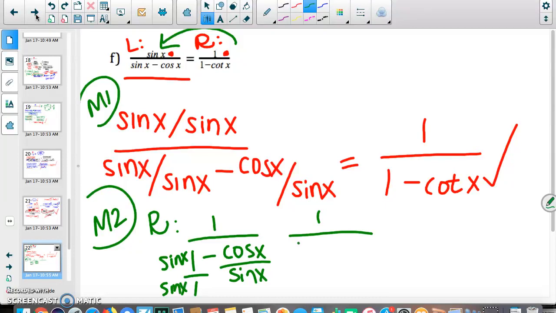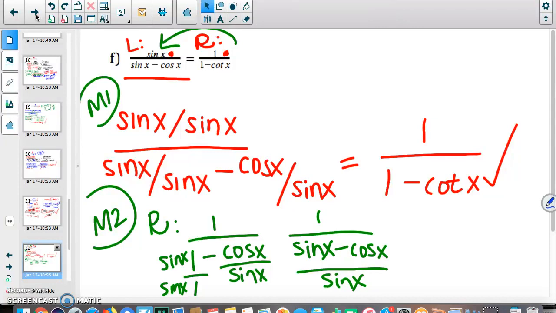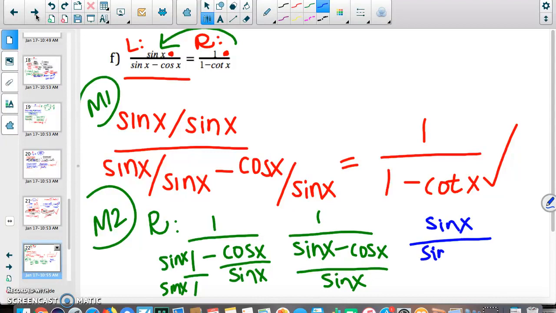So I would get 1 over sine minus cosine over sine, right? Okay, well 1 over, that's just telling me to flip it, right? Flip and multiply, and I would just get sine over sine minus cosine.